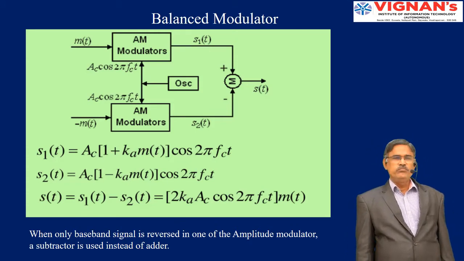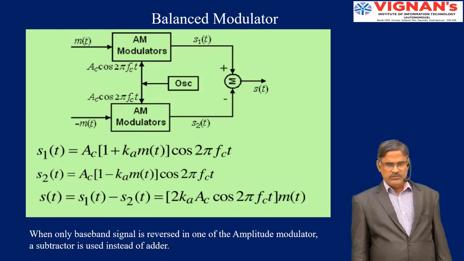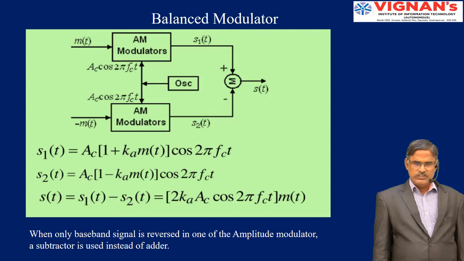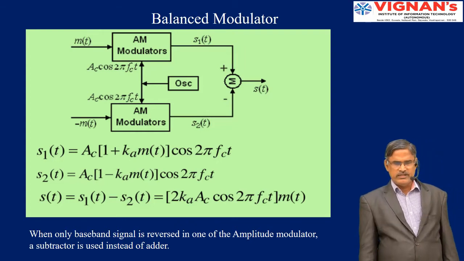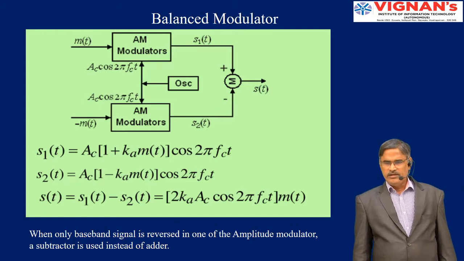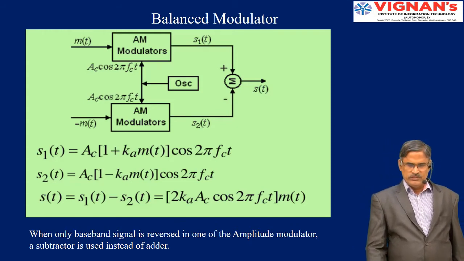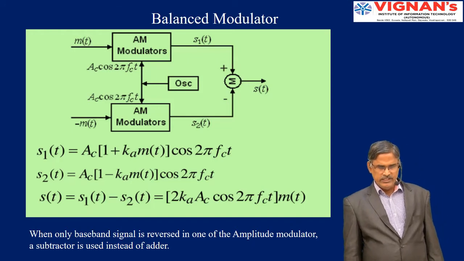AM signal will be having the carrier signal, and for our DSBSC signal, we don't want the carrier signal, so they are subtracted. First modulator output and second modulator output, s1(t) minus s2(t), that gives the balanced DSBSC signal. So you have to subtract s1(t) minus s2(t).